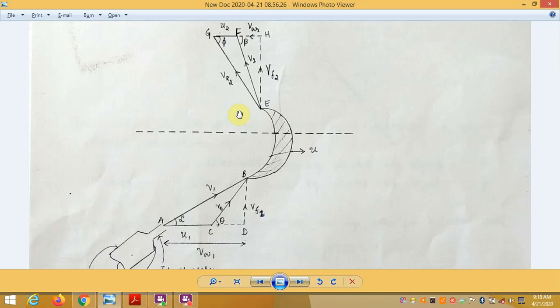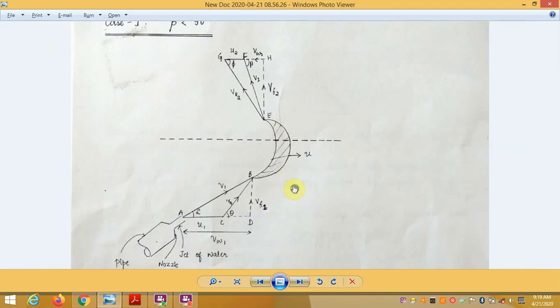So if the curved vane is smooth, the velocity of the jet will be the same, VR1 equal to VR2. That is the velocity diagram of V1 and U1.